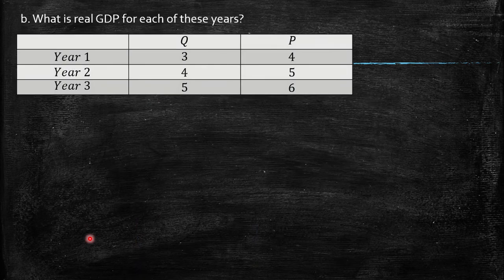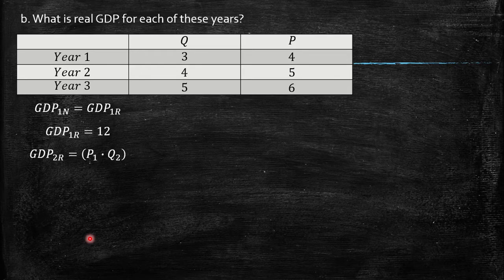And then, what is the real GDP for each of these years? So we have GDP nominal exactly equal to the real for year 1, because this is the base year, and then the real GDP 1 should be 12.